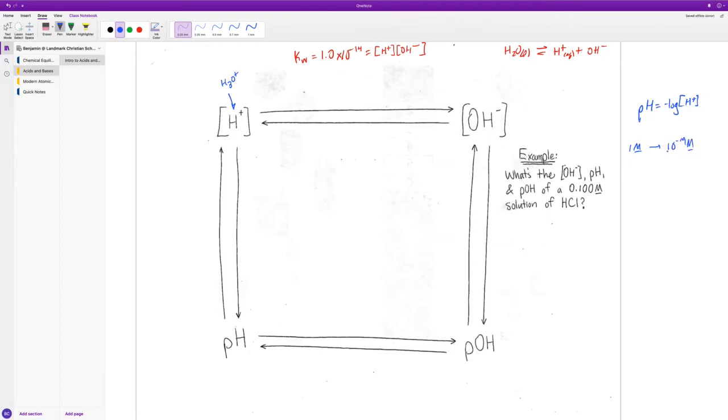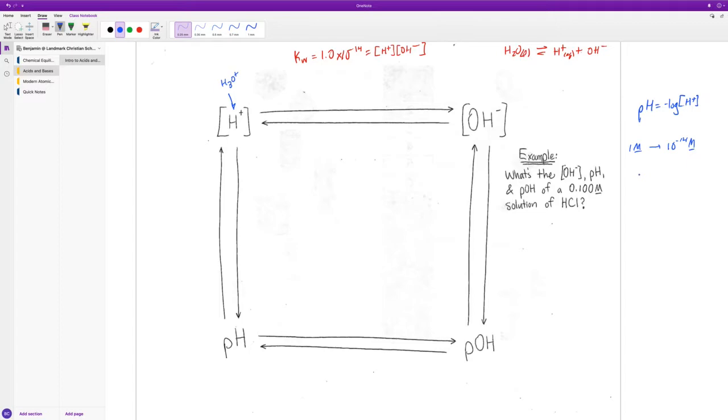You should also know that there's nothing that limits our concentration to between these values. Why couldn't H plus have a greater molarity than 1 molar, or a smaller molarity than 10 to the negative 14th molar? In fact, it can.